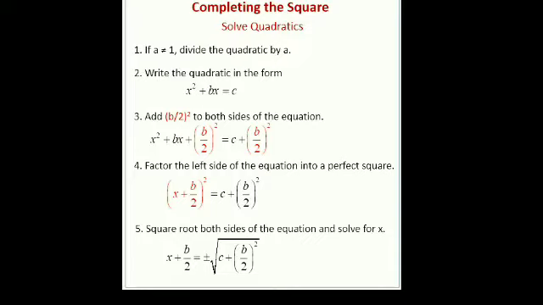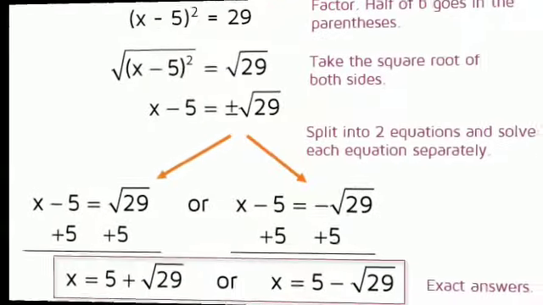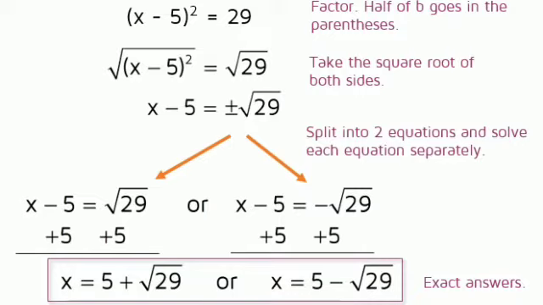In this way, we can write the given quadratic equation as two factors and also get two zeros. Now see one problem and the steps also. (x minus 5) whole squared equal to 29. It is in perfect square form. Now take the square root of both sides and remove the square.